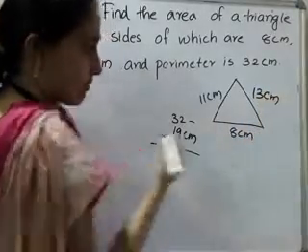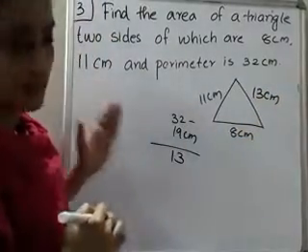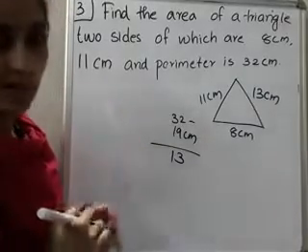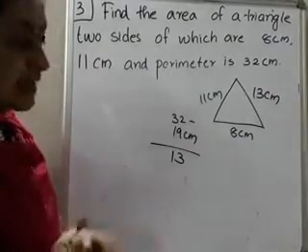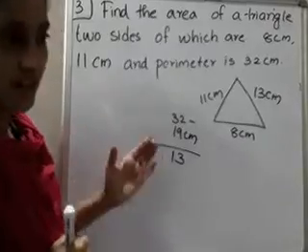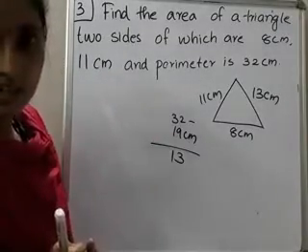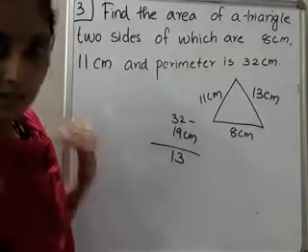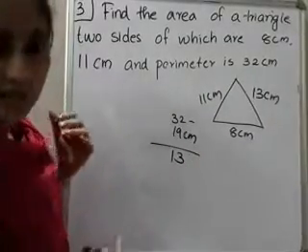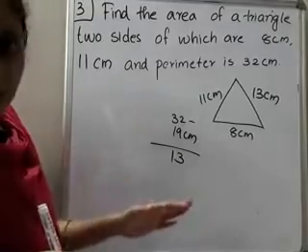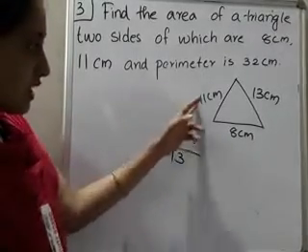So the third side is 13 centimeter. Whenever a question comes of this type, you have to draw a rough figure. Otherwise, you can't calculate. Understand what is A, what is B, what is S, what is P, and then the third side C. So likewise, you have to think. First draw the rough figure of the triangle on the side of your notebook and then write 11 centimeter, 8 centimeter.